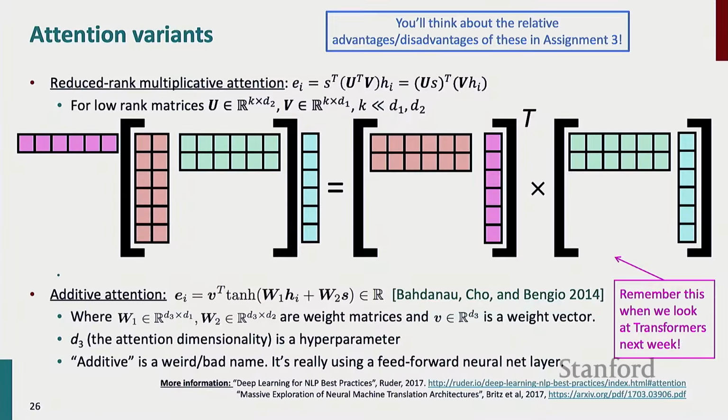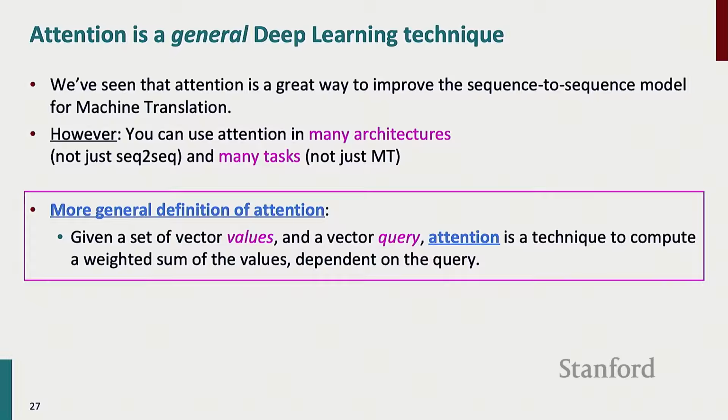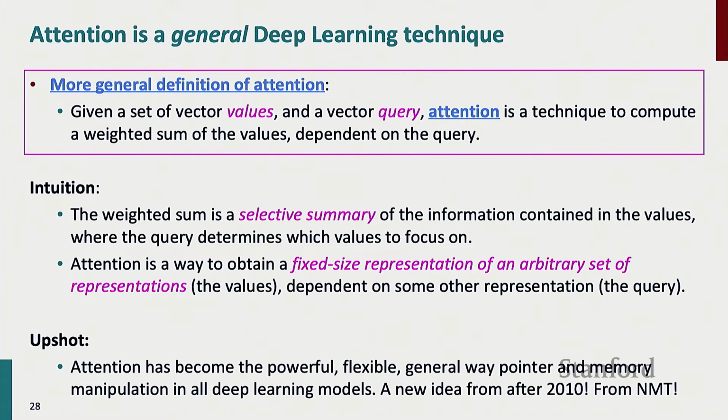So anywhere you have a vector of values and a query vector, you can use attention to get a weighted average of the values, which finds relevant information that you can use to improve your performance. You'll see another example of attention immediately on Thursday, when we start doing self-attention inside transformers.